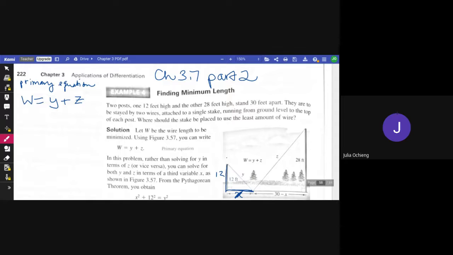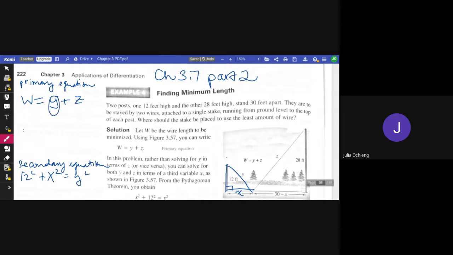So for this particular triangle, it's a right triangle. By the Pythagorean theorem, the secondary equation for that first little wire is going to be 12 squared plus x squared equals y squared.